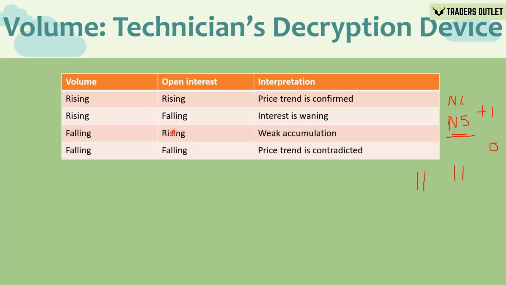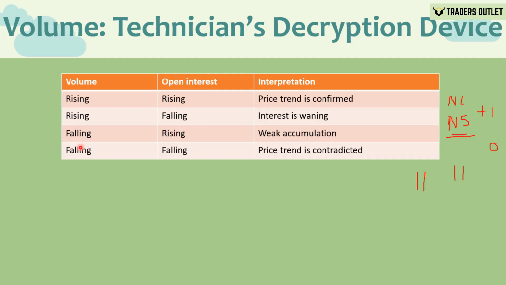They are not old participants exchanging contracts between each other, but new participants entering with a fresh perspective. That's why new positions are being taken. That means the market is in a weak accumulation phase. The trend may be reversing, and market participants are slowly getting positions in that direction.